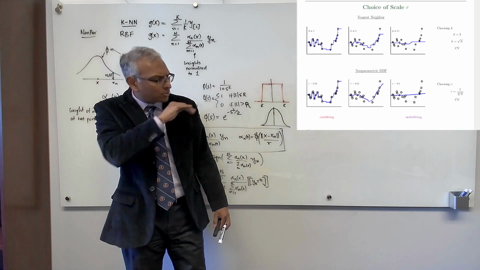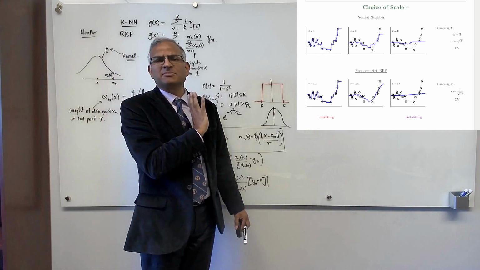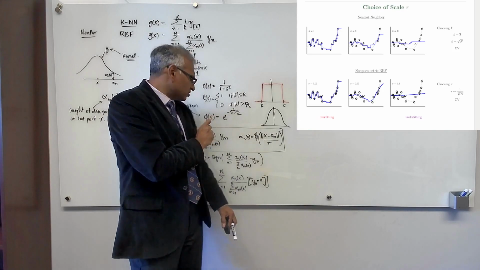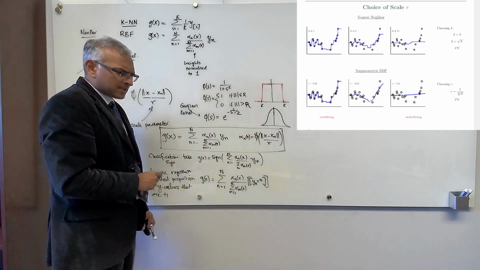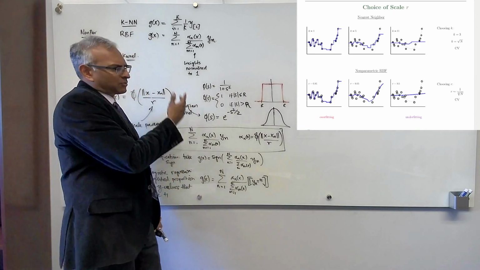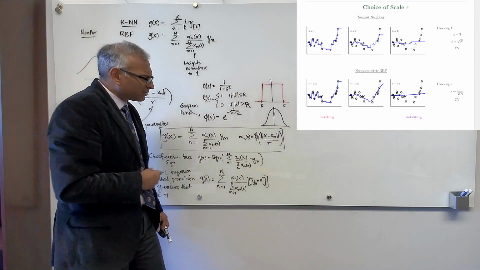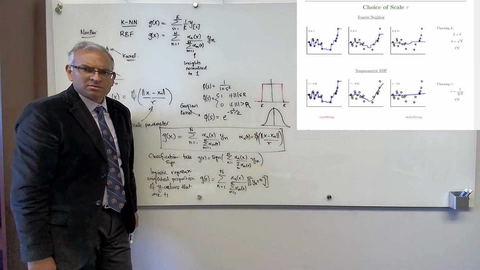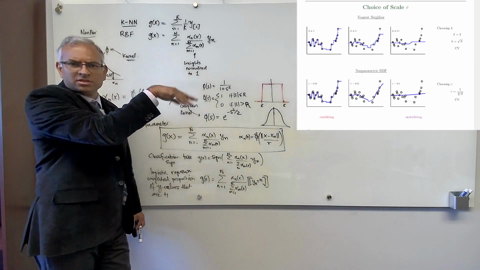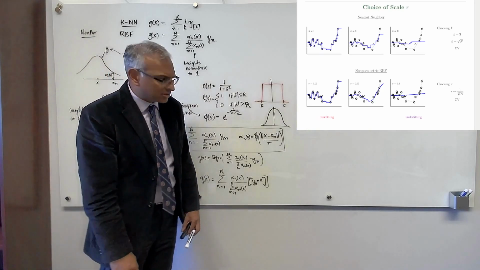Now the bottom row. It's exactly the same setup, same data, except now it's the nonparametric radial basis function final hypothesis. What do we get to pick? Just like we get to pick k in the k-nearest neighbor algorithm, we get to pick the scale parameter r in the nonparametric radial basis function. In all these illustrations, we're going to use the Gaussian kernel.